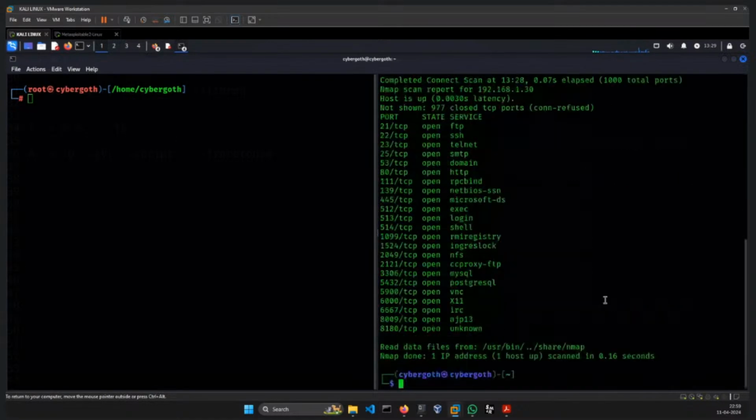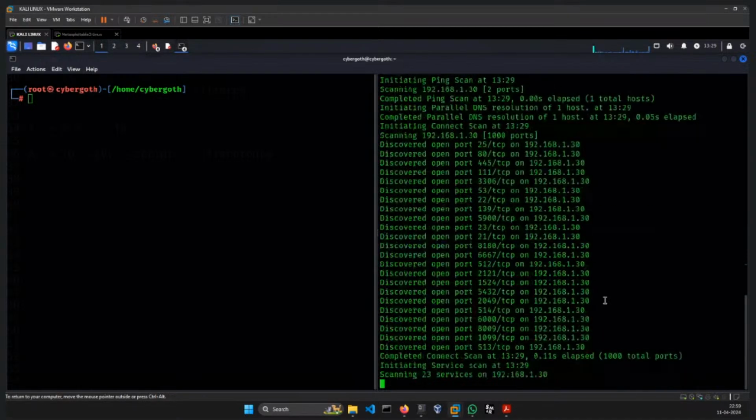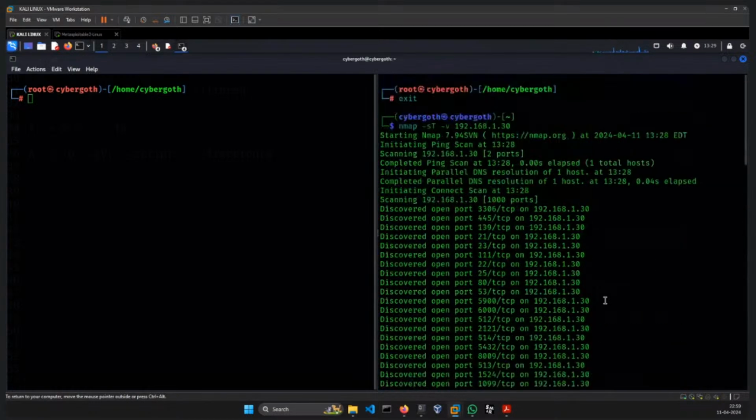If you do something like nmap -T4 -A -v, that is also fine, no issues. So what you will see is -sT.